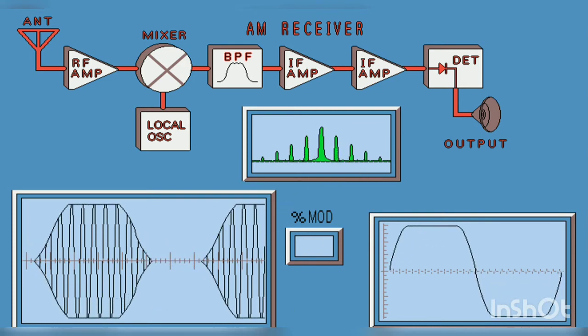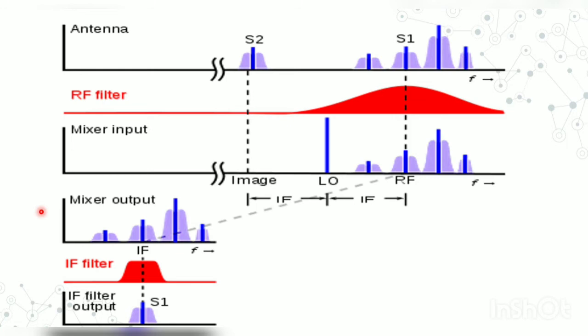Okay, next, here I have a pictorial representation of the spectrum for our superheterodyne receiver. Here the blue color denotes the voltages of the radio signal, and the red part denotes the transfer function of the filter. The incoming signals present at our antenna are shown here.